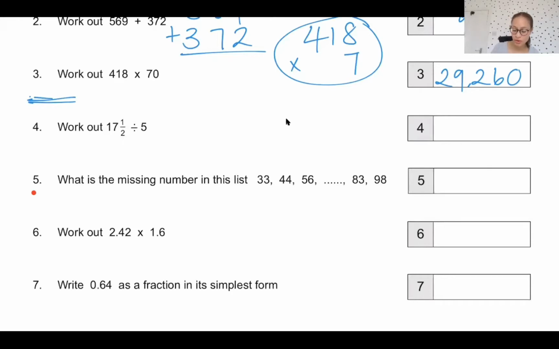Not quite. So, yeah, 35 over 2 divided by 5. And 5 as a fraction is 5 over 1. It's 5 wholes. So we're going to flip the second fraction and we're going to multiply.